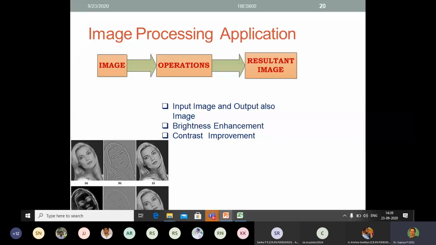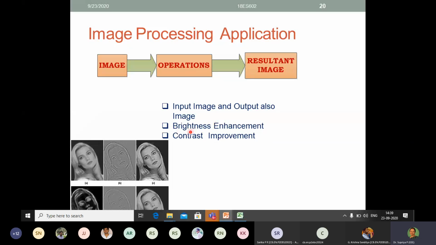Next, we move on to what could be an image processing application. A simple image processing application could have, you could see, the image as input, and the output could also be an image.